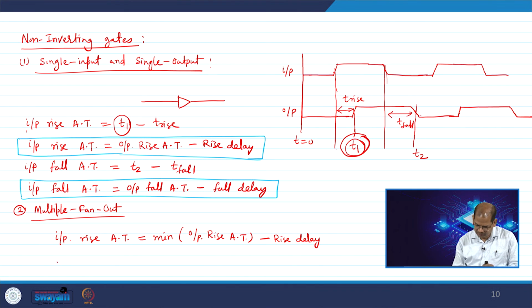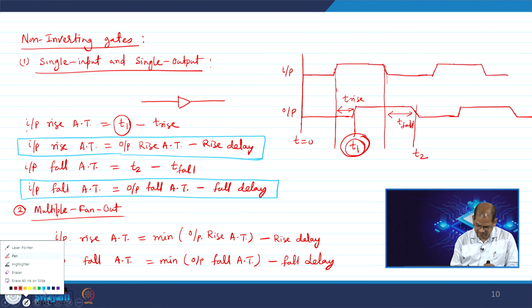Now, input fall arrival time is basically the minimum of output fall arrival time minus fall delay. So, these are for the multiple fan out gates.